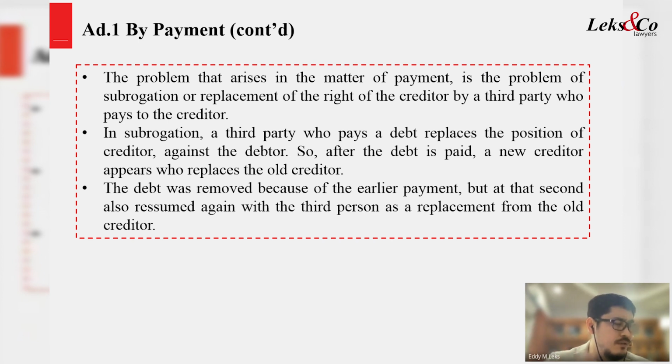Biaya yang harus dikeluarkan untuk menyelenggarakan pembayaran. If I'm not mistaken, in the sell and purchase section in the ICC, there is also a regulation that the biaya untuk melakukan pembelian, ya, dipikul oleh pembeli, gitu. So it's a similar provision, ya. But 1395 deals in general, of course, ya, because it's just using the yang berutang, ya. When in the sell and purchase section, it refers to the buyer.